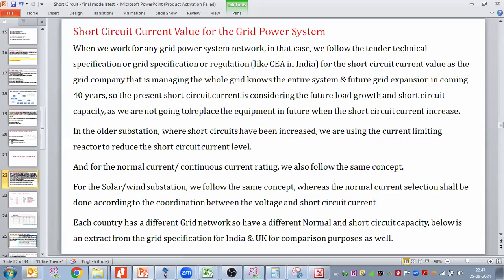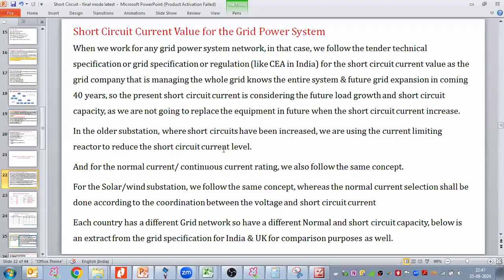So the present short circuit current considers future load growth and future short circuit capacity as well. As we are not going to replace the equipment in the future when the short circuit current increases, when we are working for any grid substations, we follow the grid tender technical specifications.